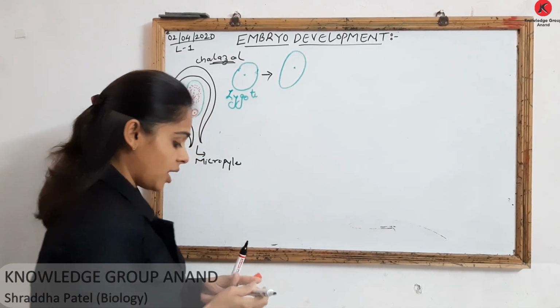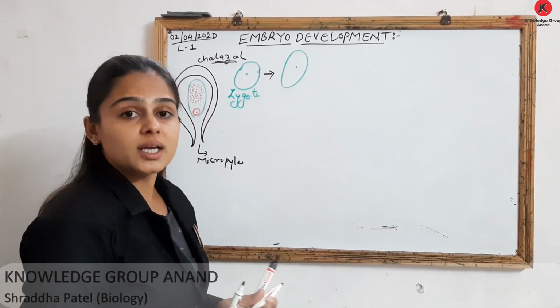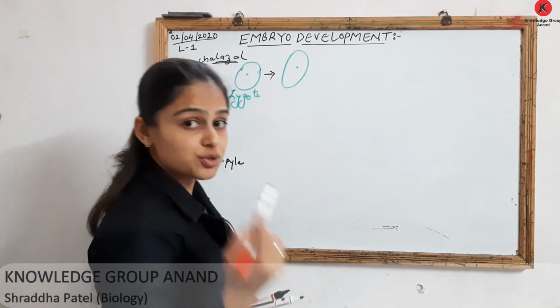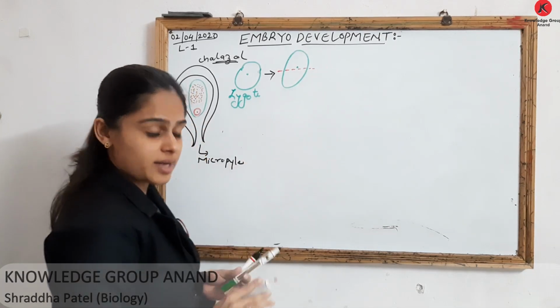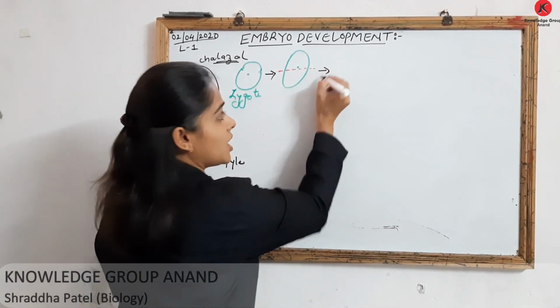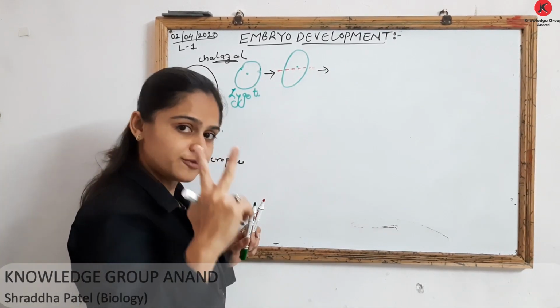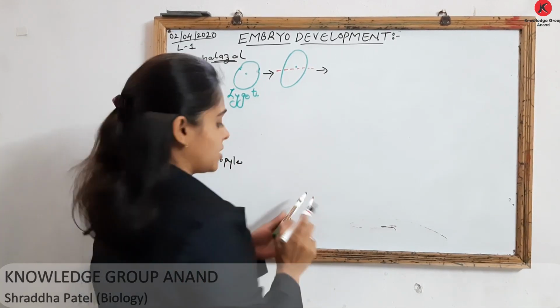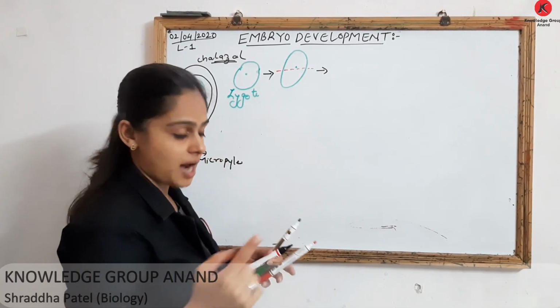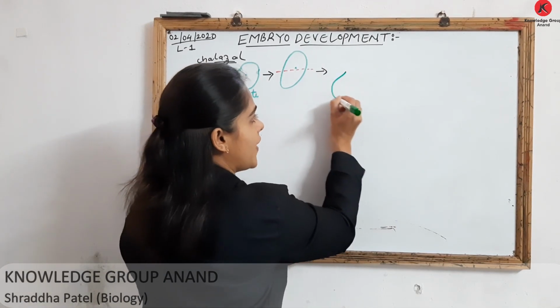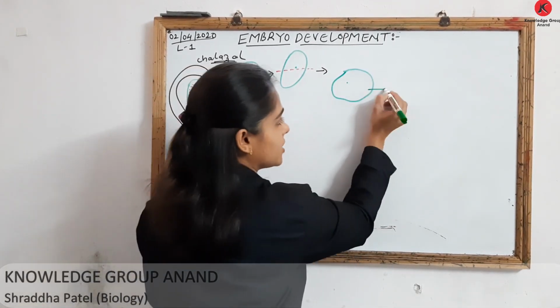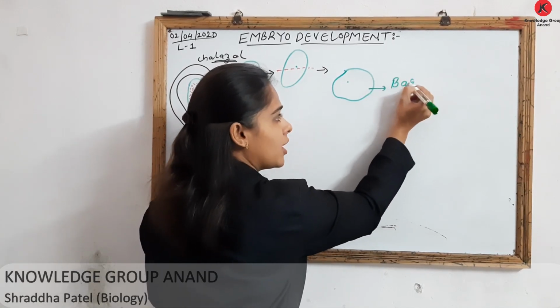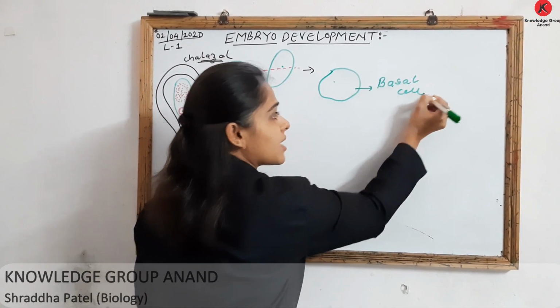What did I tell you? It undergoes unequal transverse cell division. This is transverse, yes, which results in formation of two cells. Of course, the larger cell, which is towards the micropyle, is called the basal cell.